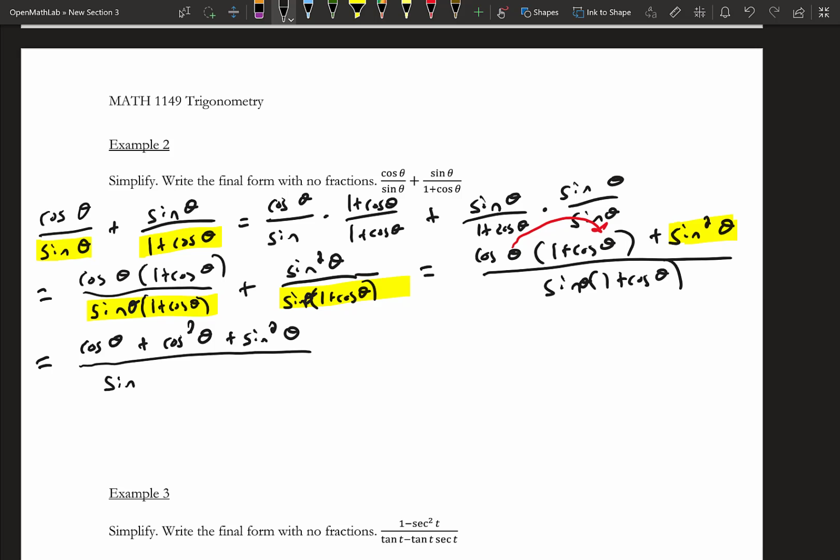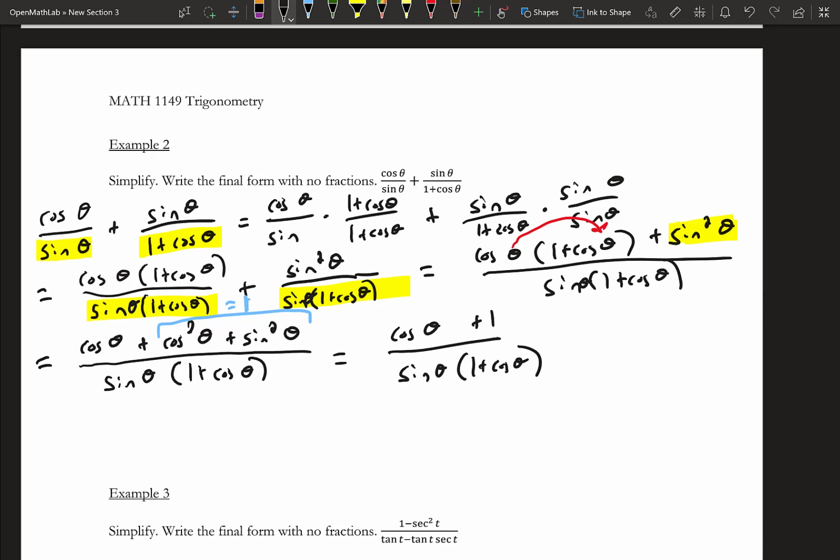So this would be sine theta times 1 plus cosine theta. Again, what I'm thinking about is that this is just equal to 1, using the Pythagorean identity. So what we get is cosine theta plus 1, all divided by sine theta times 1 plus cosine theta.